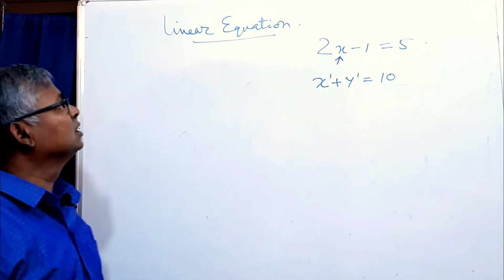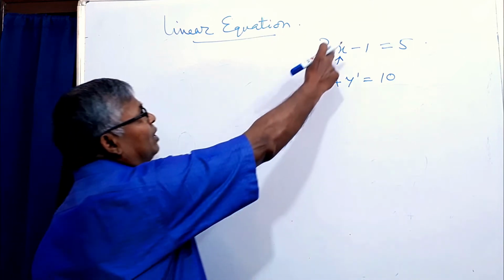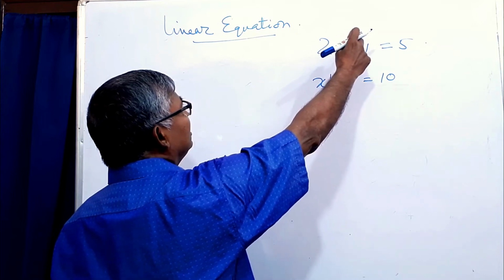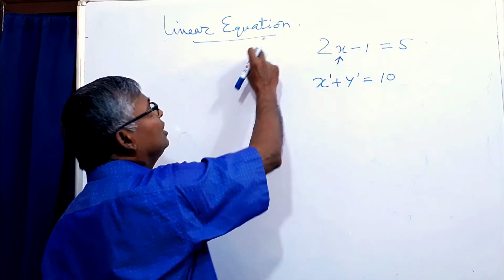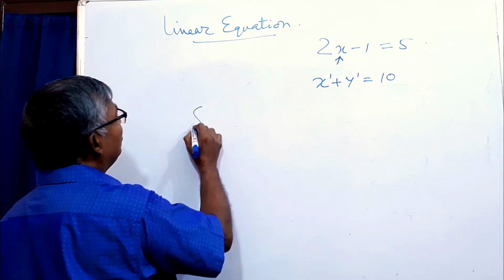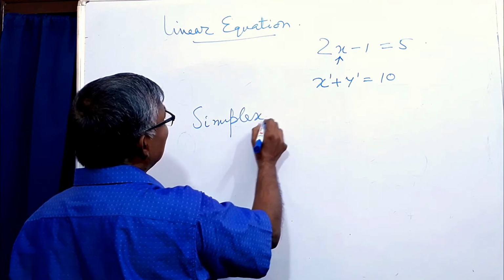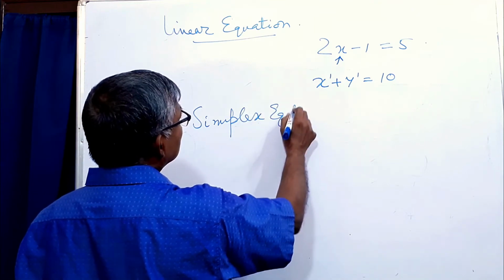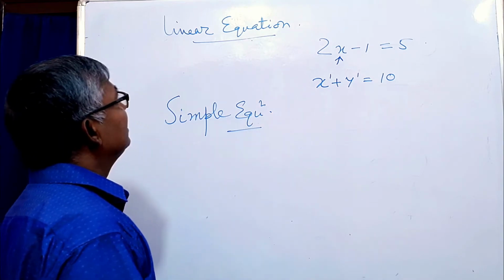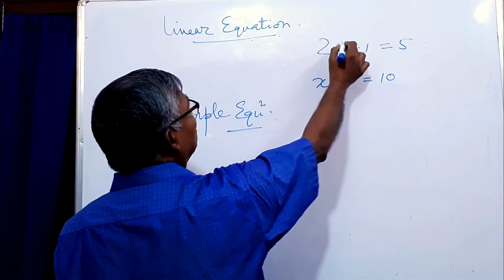So students, remember, whenever the maximum degree of the variable is 1, it is called a linear equation. Let us learn the definition of a simple equation. What is a simple equation? A simple equation is a linear equation in one variable.